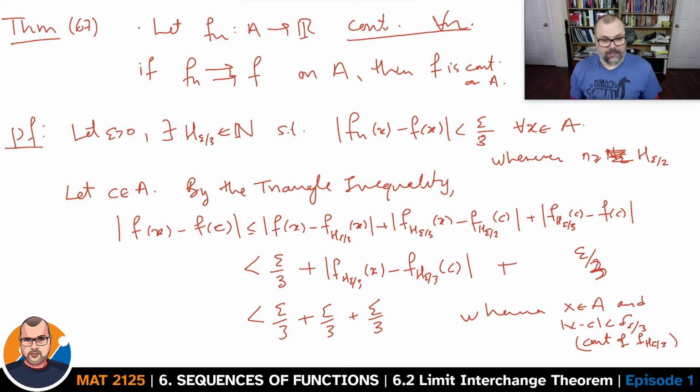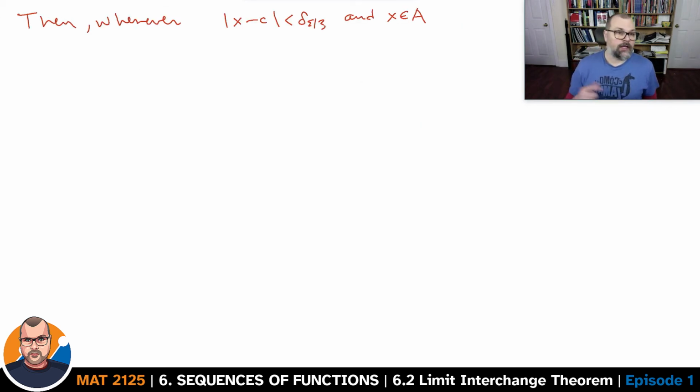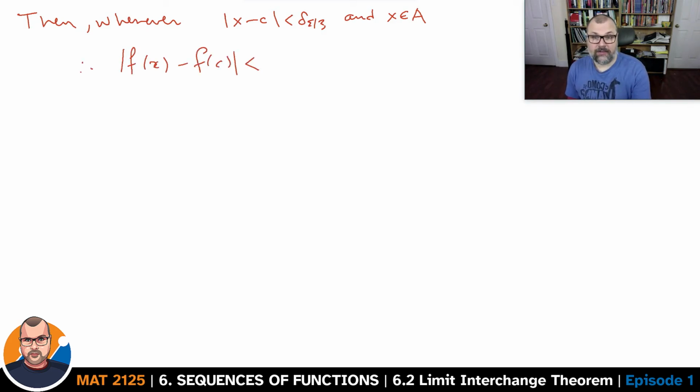What this is telling us is that the specific delta that satisfies the continuity of f_N at c, whenever the absolute value of x minus c is smaller than that distance and x is in A, gives us that f(x) minus f(c) is smaller than epsilon. In other words, f is continuous at c.